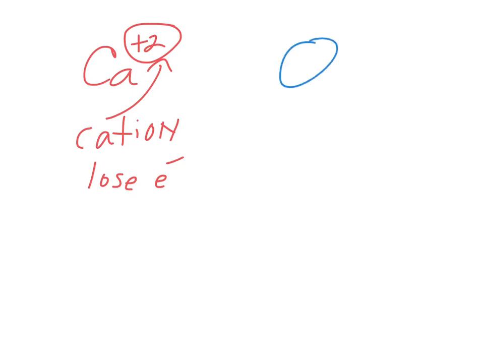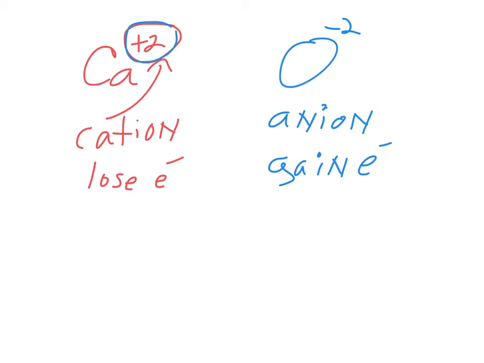But if you have a negative charge, like oxygen that has a -2, it's an anion, okay? And these are going to gain those electrons. And this goes more with ionic bonds. But you need to know the difference between a cation and an anion. A cation is a positive charged oxidation number, and an anion is a negative charged oxidation number.